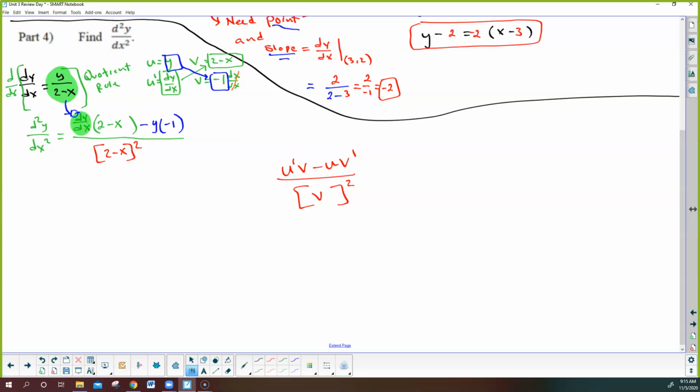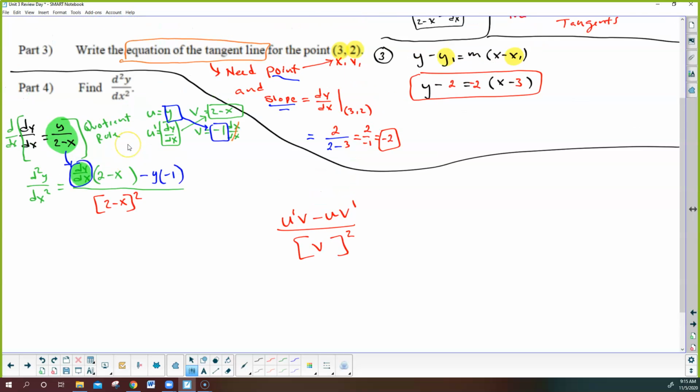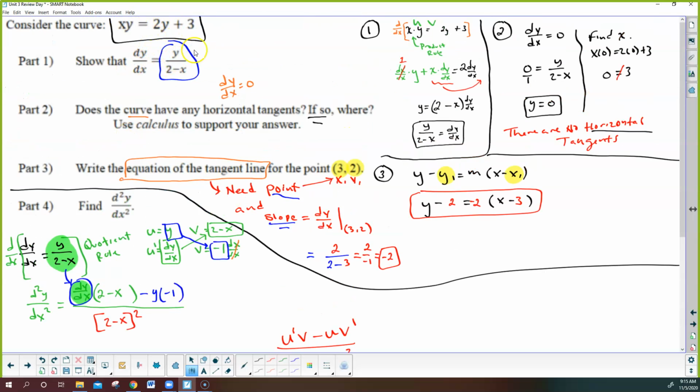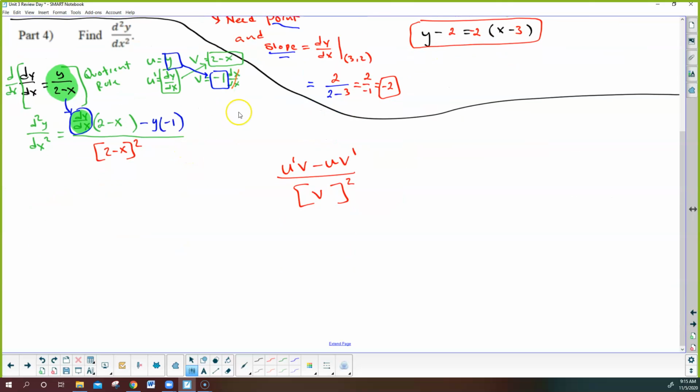Instead of writing dy/dx right here, we're going to replace it with what dy/dx is. And remember, they gave that to us, right? That was what number 1 was already telling us. So we know that dy/dx is equal to it from earlier in the problem. So I'm just going to finish this one off.